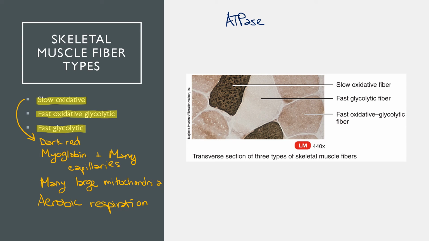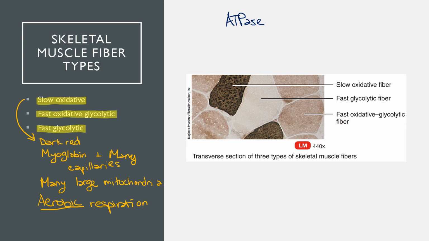The ATPase in the myosin heads will hydrolyze ATP relatively slowly, and the contraction cycle proceeds at a slower pace than the fast fibers. So it kind of explains why they're called slow oxidative fibers, because they use oxidative respiration or aerobic respiration.